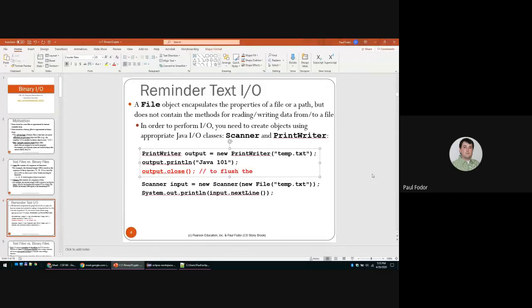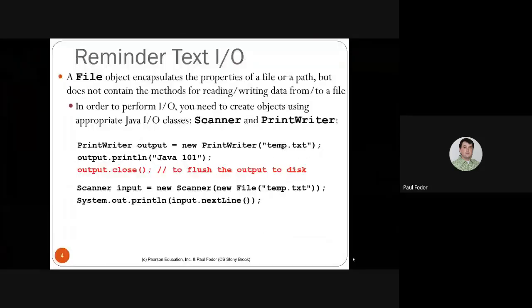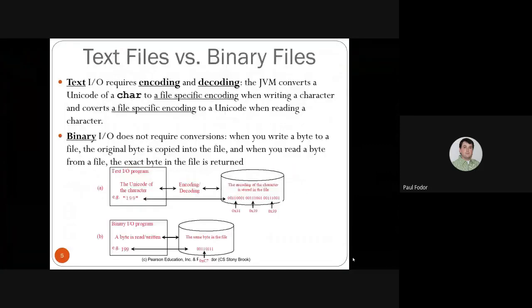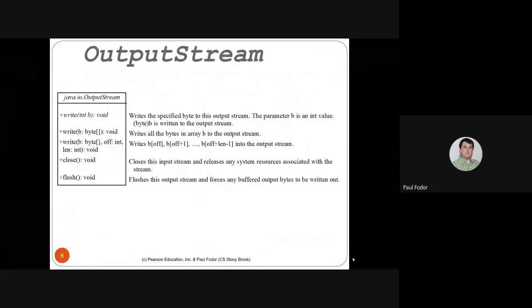This was the case for text files, but we have exactly the same for output streams. In order to close the output stream and release any system resources associated with the stream, and also flush the data from main memory to the persistent storage, we need to close the stream.